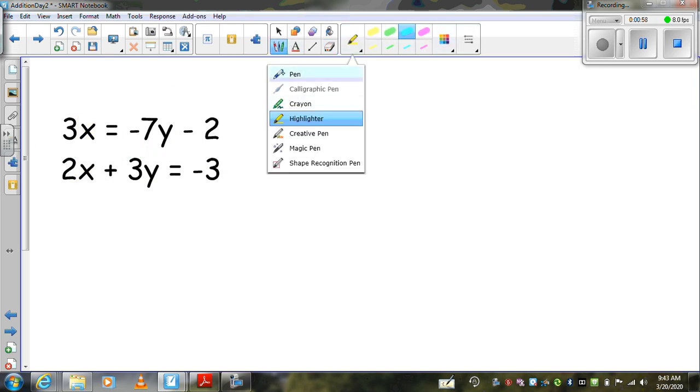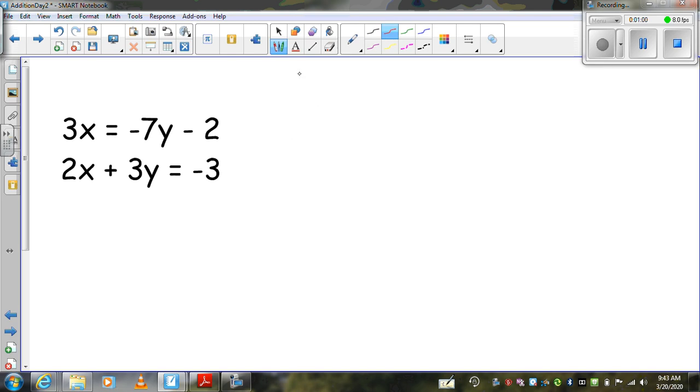Doesn't really matter which one you want to do, but I think what I might do is bring this negative 7y over to the other side. So I'm going to add 7y here, and I'm going to add 7y over here.